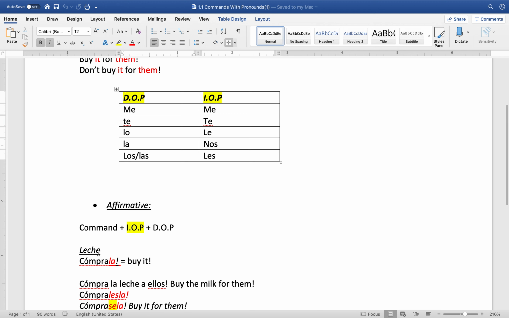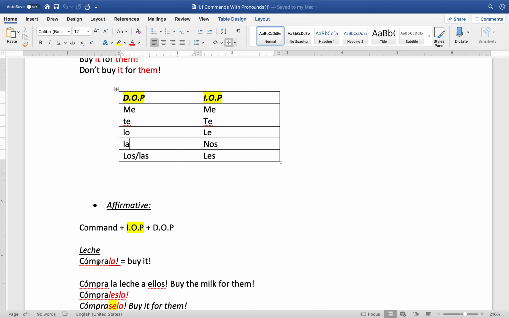So, leche, I'm going to replace leche. Leche is feminine, so I'm going to replace it with la, and la will be, in this case, it. So, comprar, what's the command for comprar? Well, it depends on which command you are using. Are you talking to somebody who is familiar to you, or somebody who is older than you?